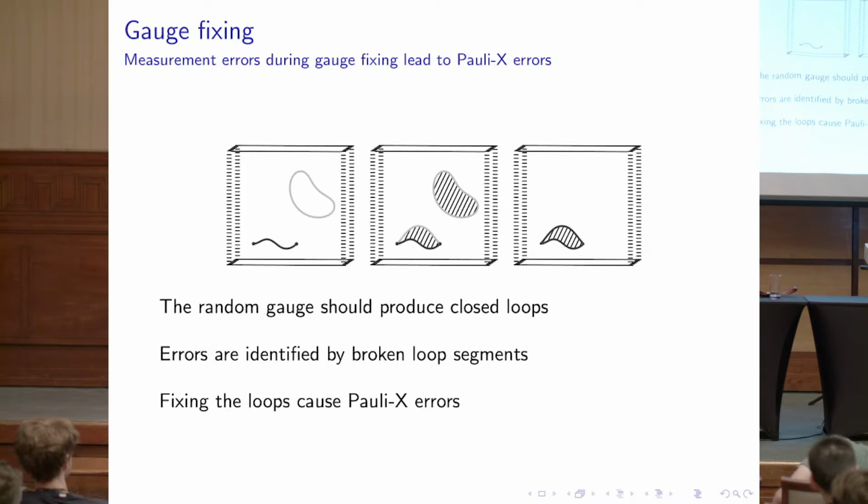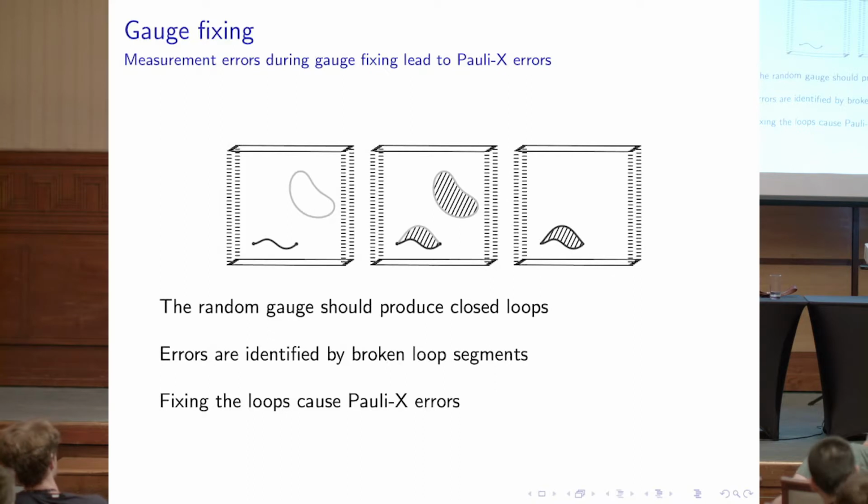They're not supposed to terminate, remember, because of the constraints about the cells. So here I have an error. Here's an error. It's a bunch of string segment errors, and I can see the error by the endpoints. I'll call these endpoints defects. And I know that some errors happened in between all of the defects that you can see, and you can see them because you can see the string is broken. So what am I going to do? I've got to fix this up.